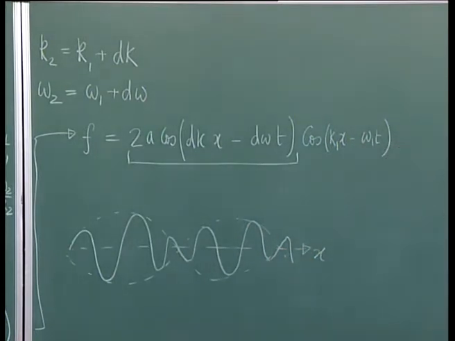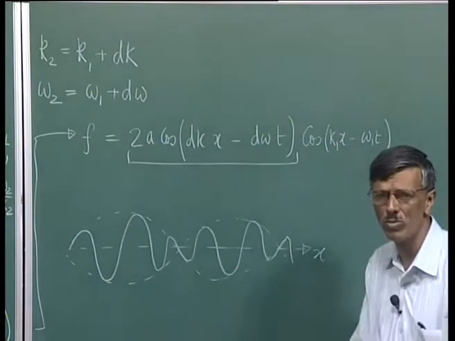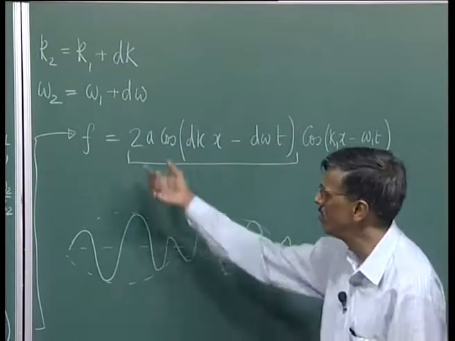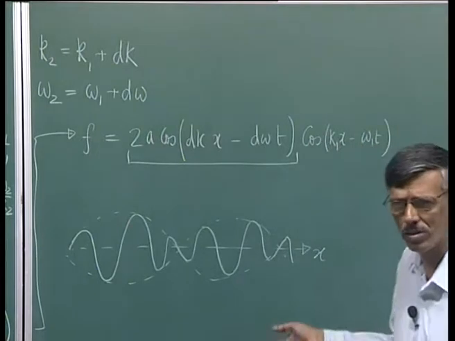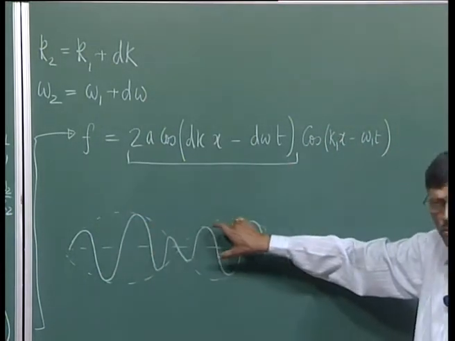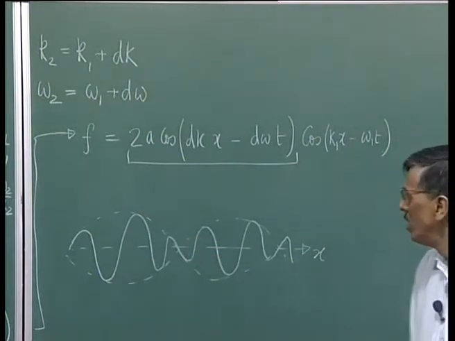So, what is happening? You can see that the original waves, which are very close to each other, have amplitudes that vary between plus minus a individually, but their combination varies between plus minus 2a.